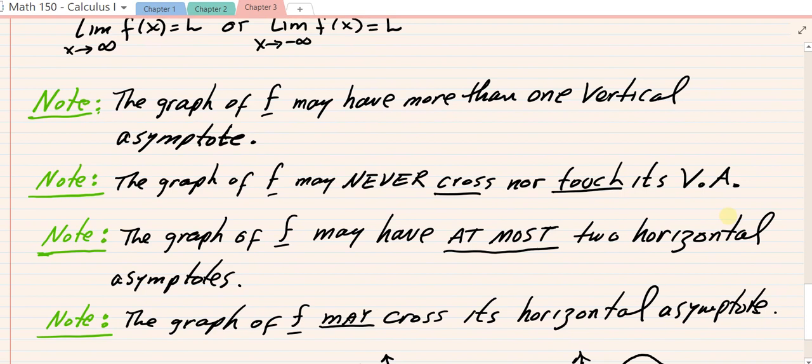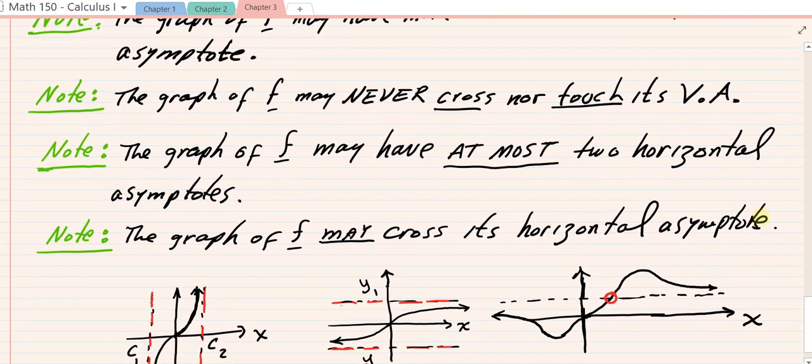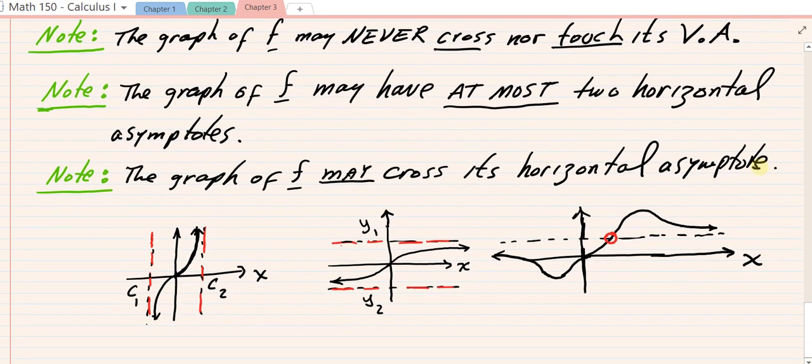And finally, the graph of a function may cross its horizontal asymptote, depending on the function. Remember, for vertical, never. For horizontal, it might. Never versus it may.